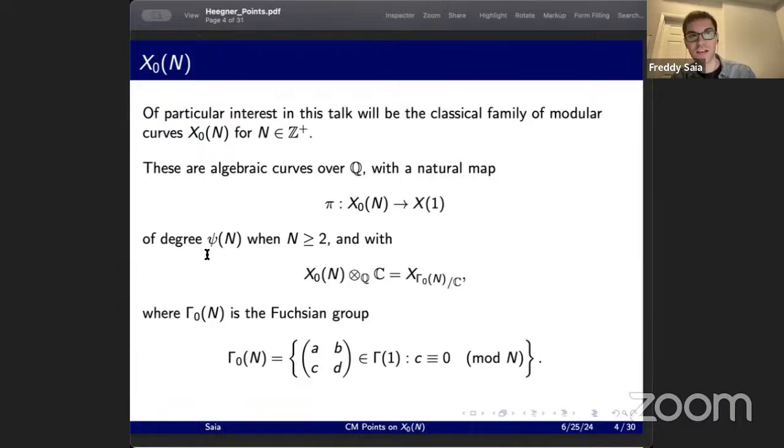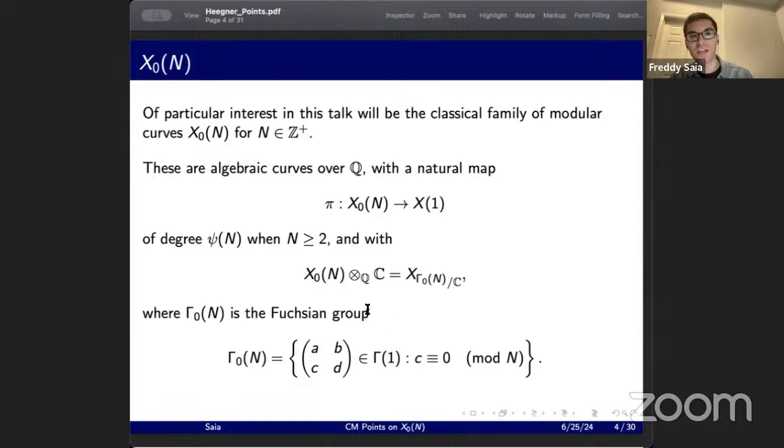This is just the Dedekind psi function. It's the multiplicative function which at a prime p gives psi of p equals p plus 1. So it's like the Euler phi function, except it's p plus 1 instead of p minus 1, when n is at least 2. We said it's an isomorphism when n is 1. What do I mean by having models over Q?